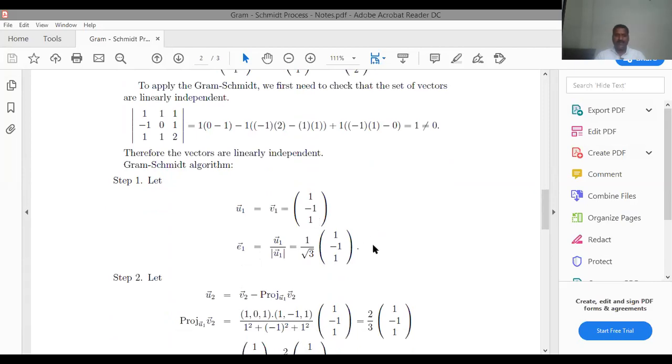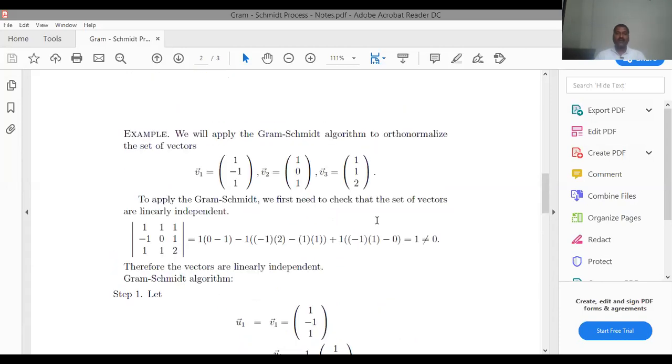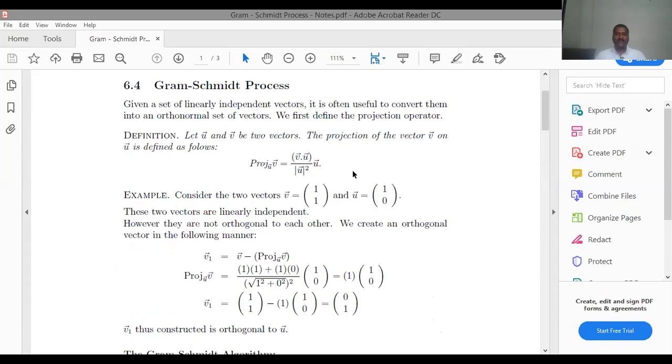We normalize it. Now, for u2 bar, we need to project v2 on the already orthogonal vector u1. That is, u2 bar equals v2 bar minus the projection of v2 bar on u1 bar. Here is the projection definition we have seen, so we go by definition.